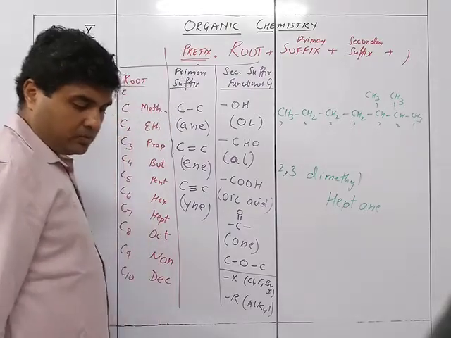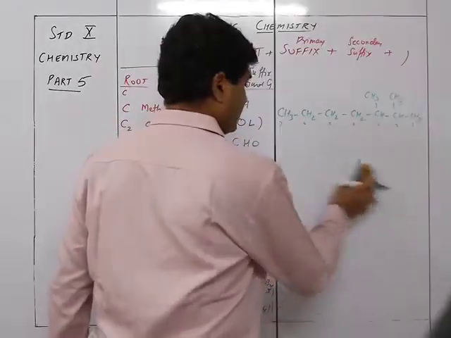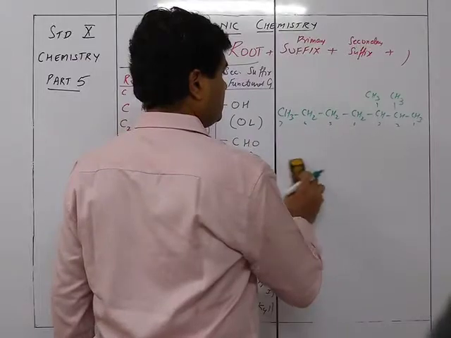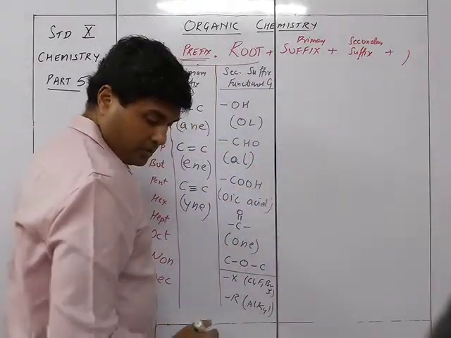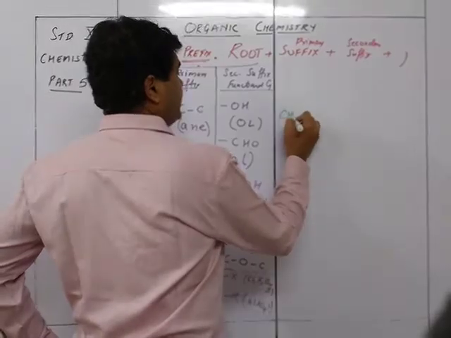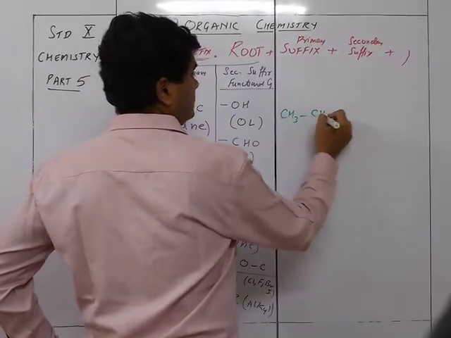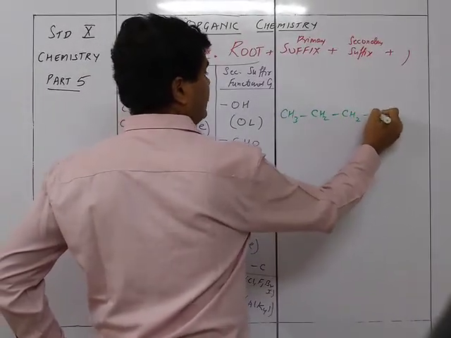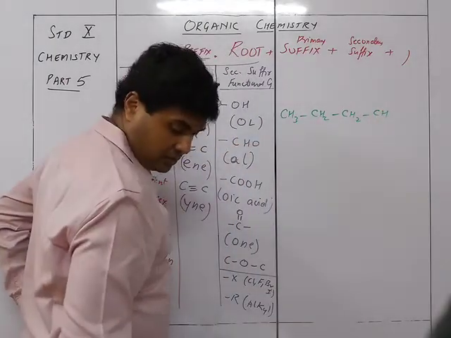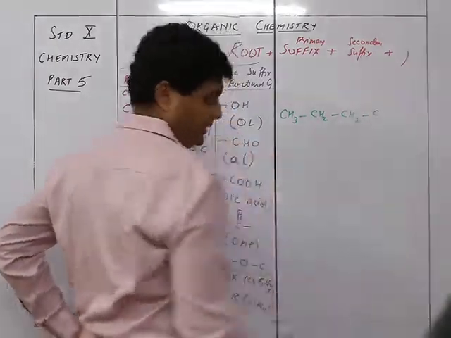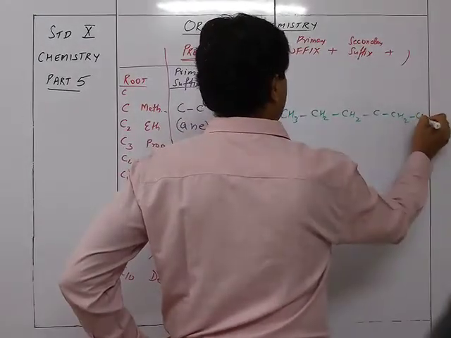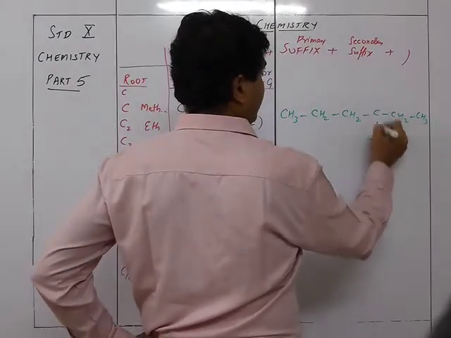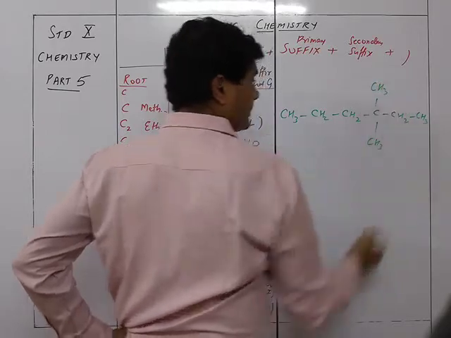The next one, let's see. Okay, it is CH3, CH2, CH2, CH. No, sorry, it is C only, and then it is CH2, CH3. Here that is CH3, and here also there is CH3.